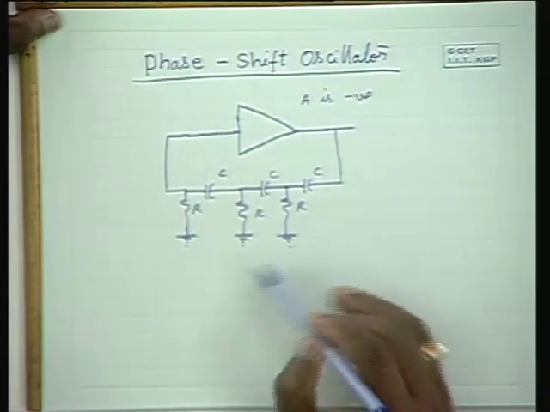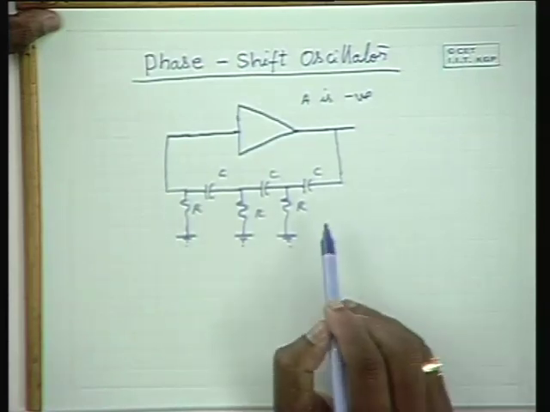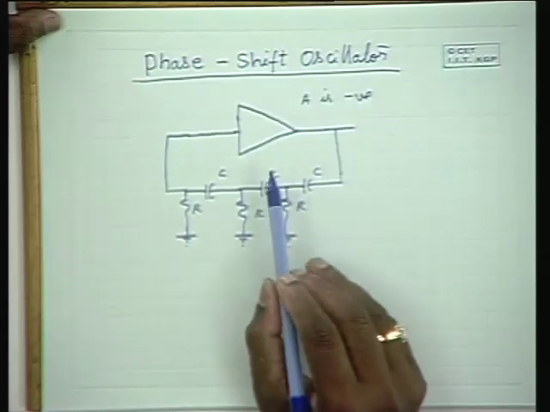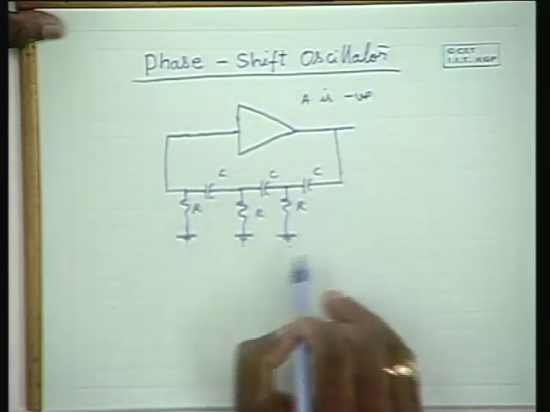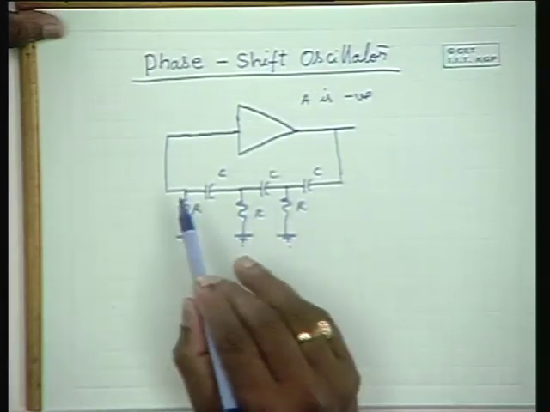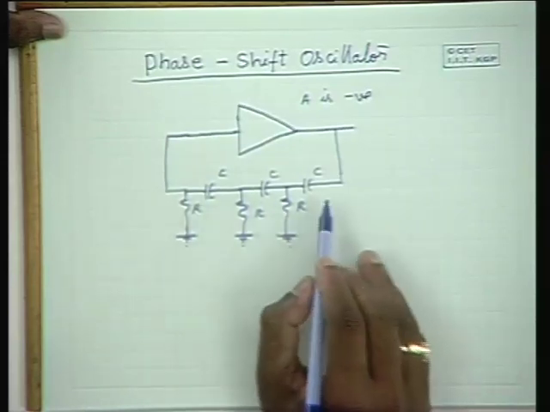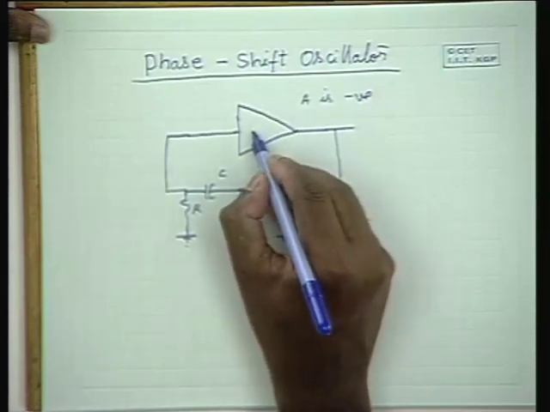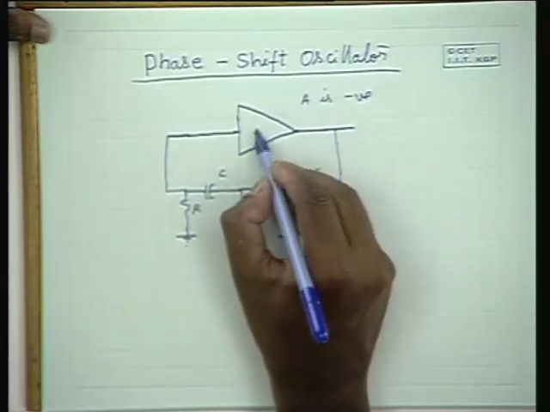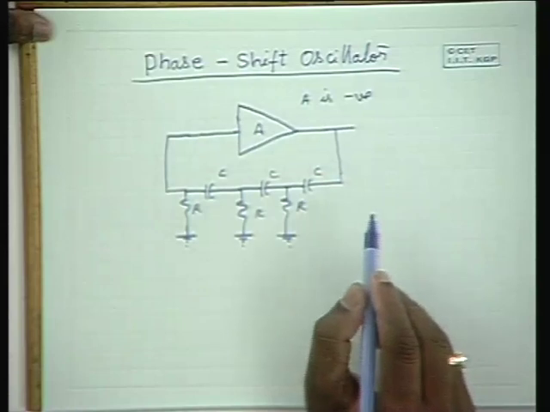But the design becomes simpler if they are of equal values. Therefore, a 3-section RC phase shift network is used to produce the remaining 180 degrees of phase shift. And this is an amplifier with gain A, and A is negative.